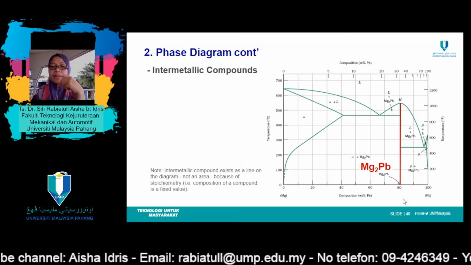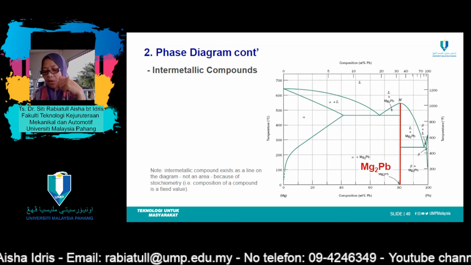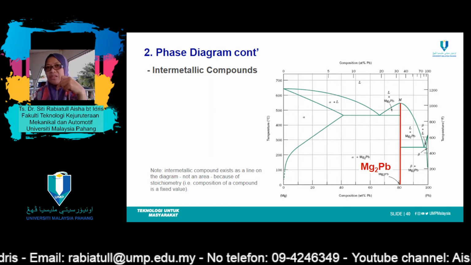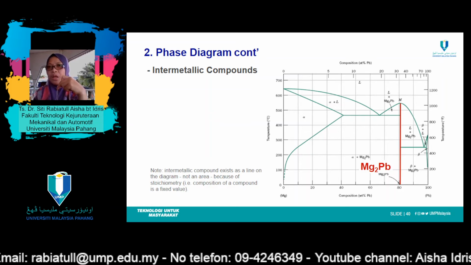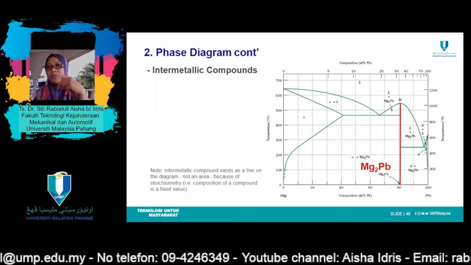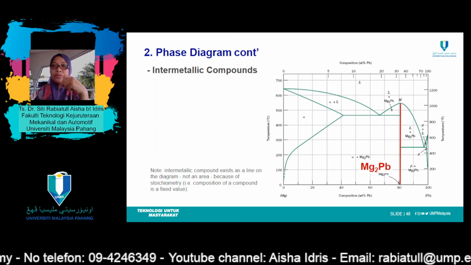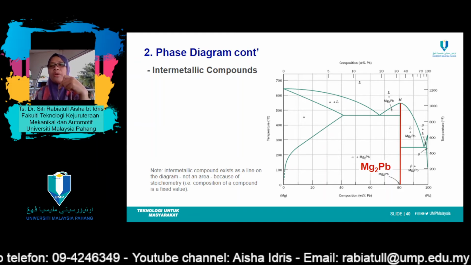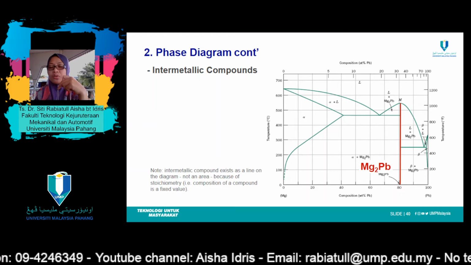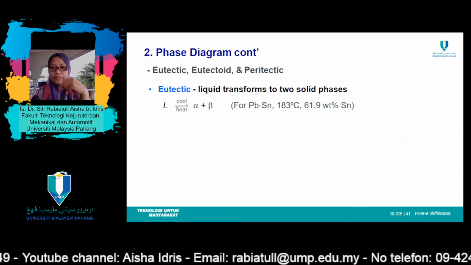This line represents an intermetallic compound. An intermetallic compound exists due to diffusion, solid diffusion or liquid diffusion between two or more materials, or alloys, and it will form an intermetallic compound.